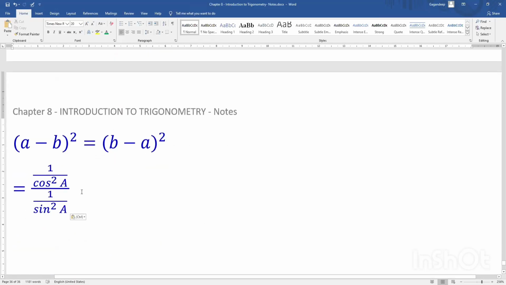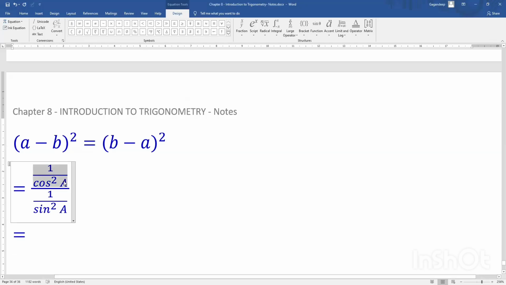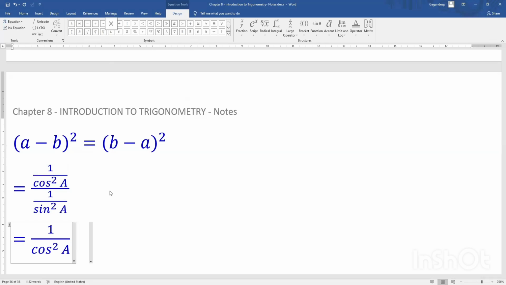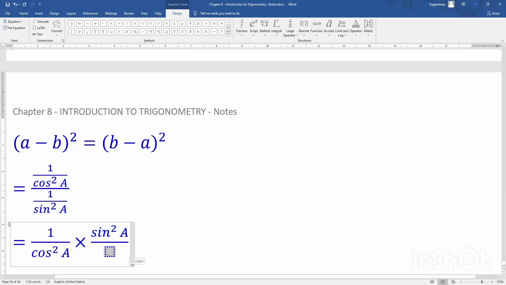I told you, when you have a division of fractions, first write the numerator, 1 by cos square A, then multiply by the reciprocal of the denominator. So I write sine square A by 1.